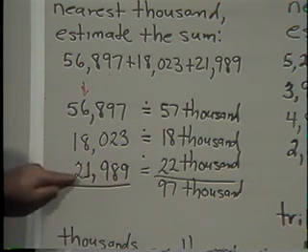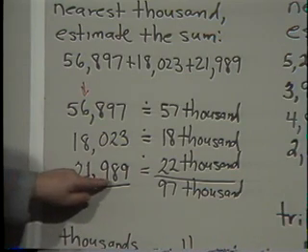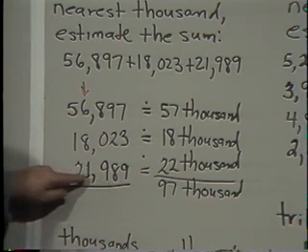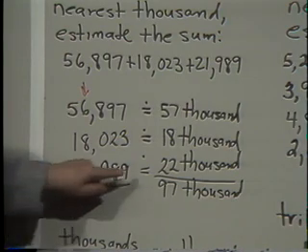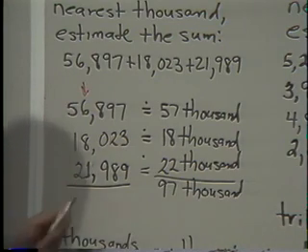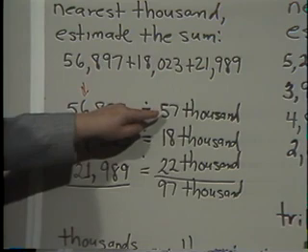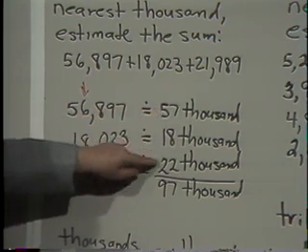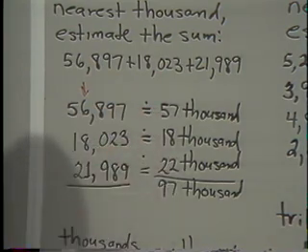21,989, see, that's between what? When you're counting by thousands, it's between 21 thousands and 22 thousands, but the 9 over here tells me that I'm closer to 22,000, so rounded off to the nearest 1,000, 21,989 is 22,000. Now you see what happens here. 57, 18, and 22 are adjectives modifying thousands.